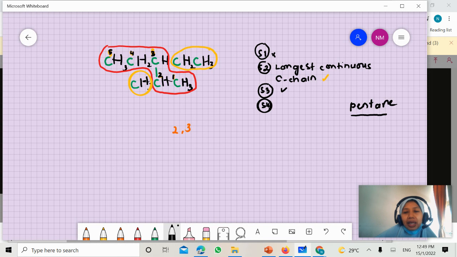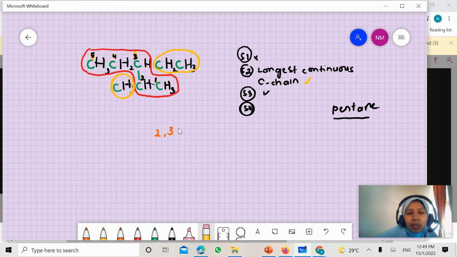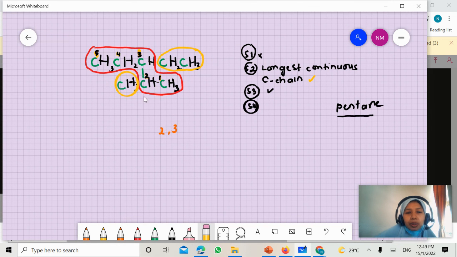Okay. Then, next step. List all substituents. Okay, we have substituents at carbon number 2 and carbon number 3. Now, at carbon number 2, we have 1 carbon. So, it is called methyl. Yeah, methyl.